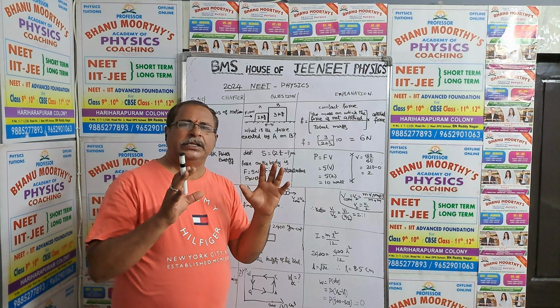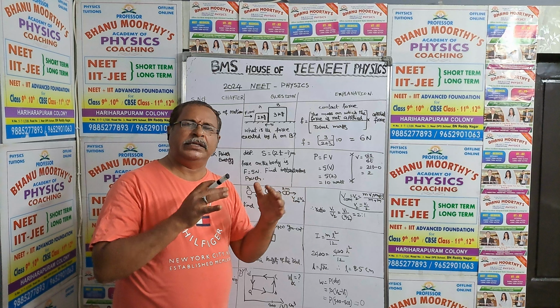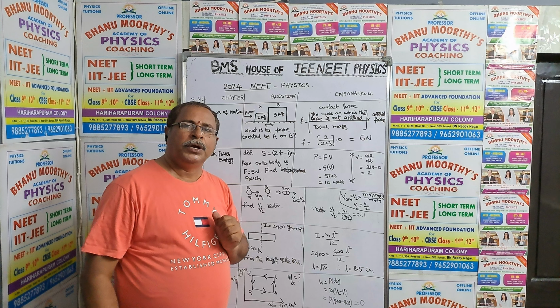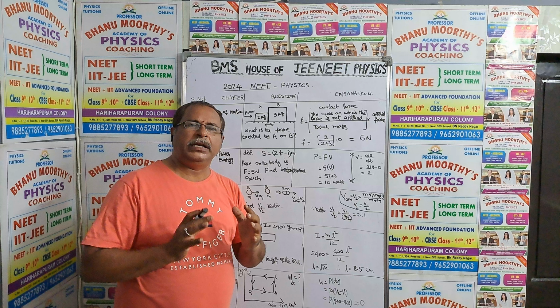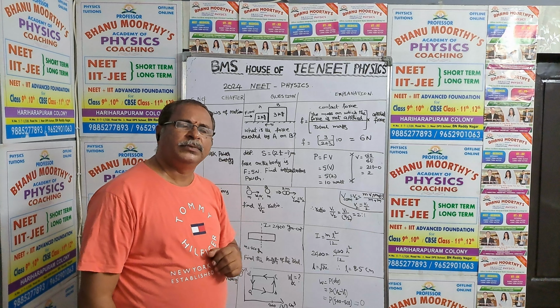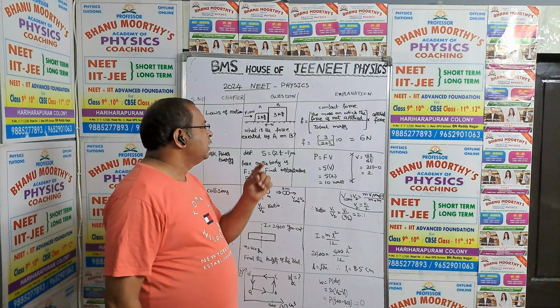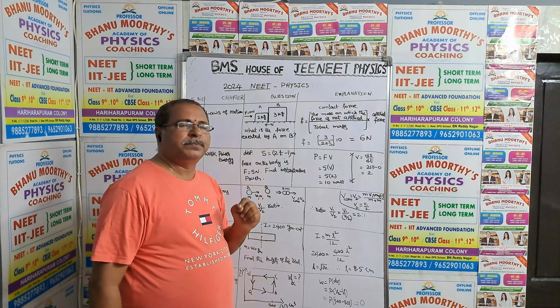So many applications are there. In this academy, we can discuss nearly 40 applications from this chapter. If you are perfect in these 40 applications, you can do the problems easily without strain. This is one of the applications.